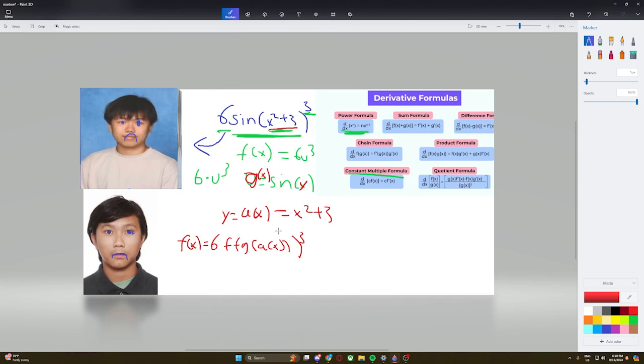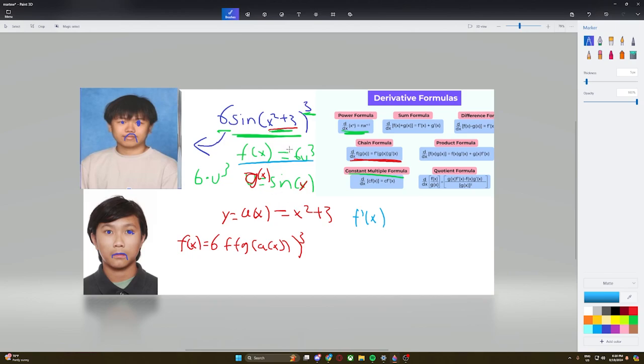Now, we want to get the derivative. We're going to use some chain rule. So let's start out with the chain. Let's start with the first function. f prime x, just use the chain rule.